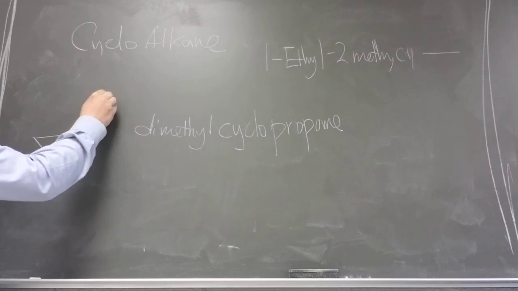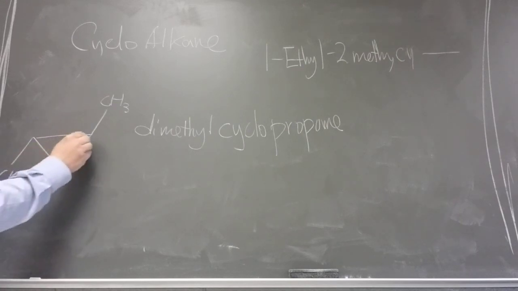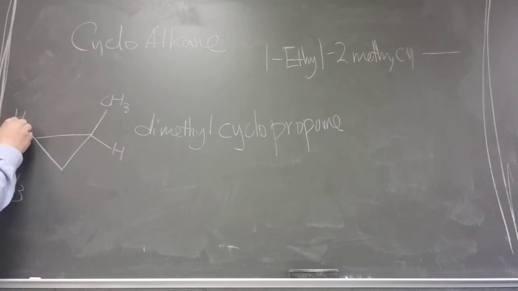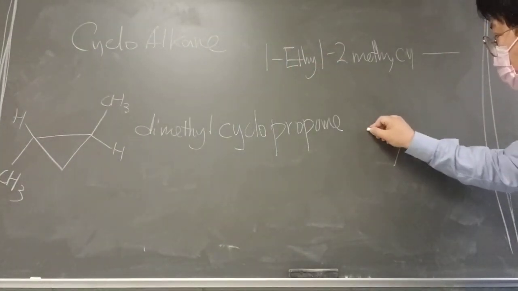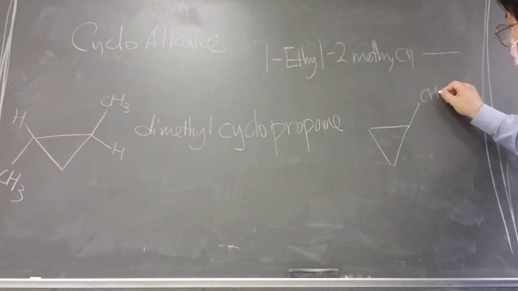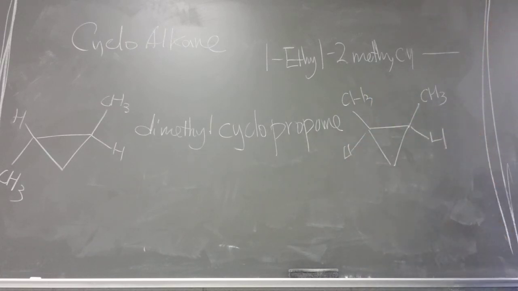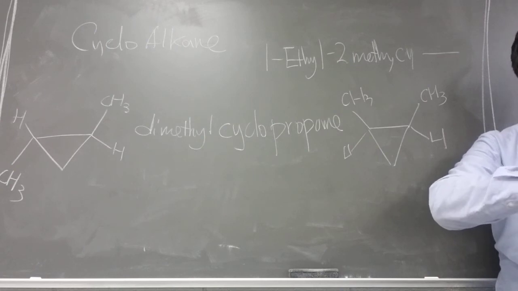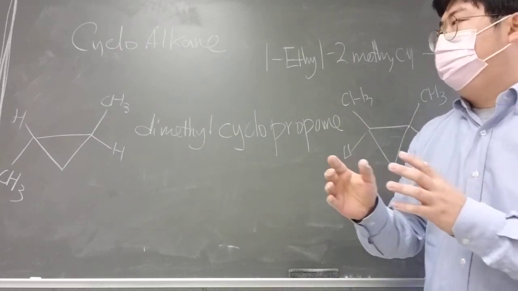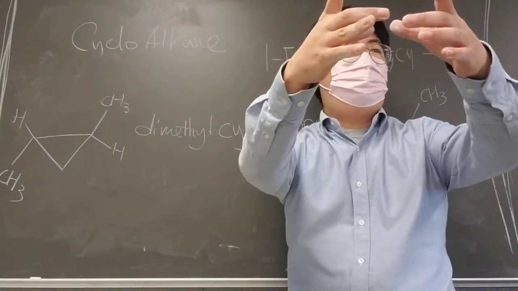And if you look at this one over here, you can put the methyl group right here, like this, or you can put the other one like this. Okay, so here's one thing. I already told you in chapter 3 that a single bond can always rotate, right? But in a ring structure, those 3 carbons are linked together in a ring.